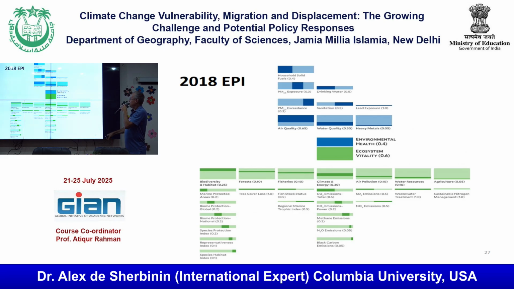And each of these shadings shows what fraction of the overall subcomponent went into that component. So the ecosystem vitality is made up of 0.05 agriculture, one unit of sustainable nitrogen management, et cetera.